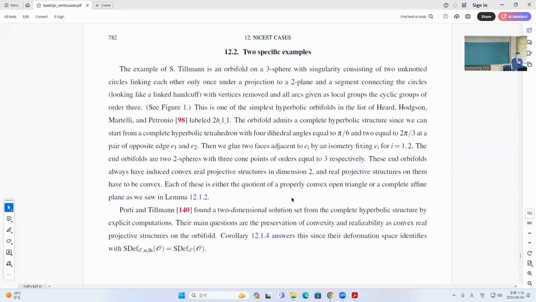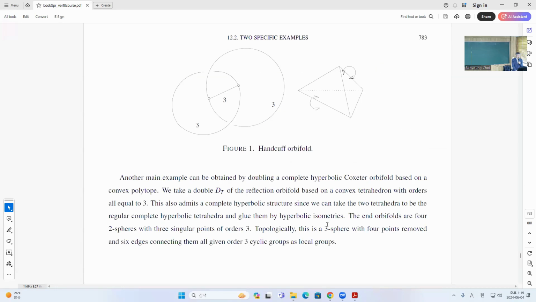Okay, and then they can try to deform this projectively, and Forti and Tillmann found the two-dimensional solution, and they show that this has to be convex. We can also show that this is convex using this previous corollary.